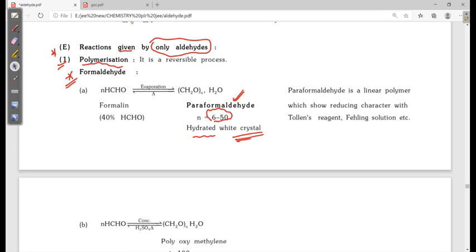This paraformaldehyde is a linear polymer. Linear means like a straight chain. Being a linear polymer, it shows reducing character with Tollens reagent as well as Fehling's solution. That means somewhere an aldehyde group is free; only then is it giving the Tollens and Fehling's reactions.